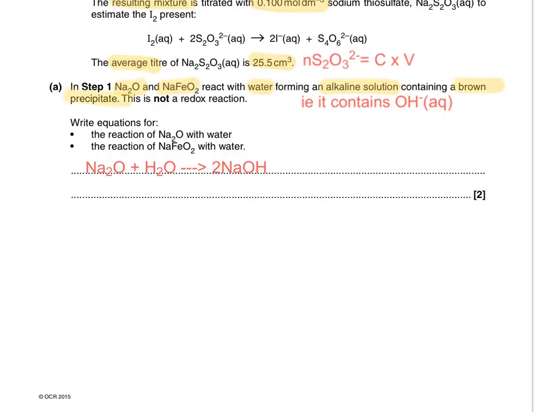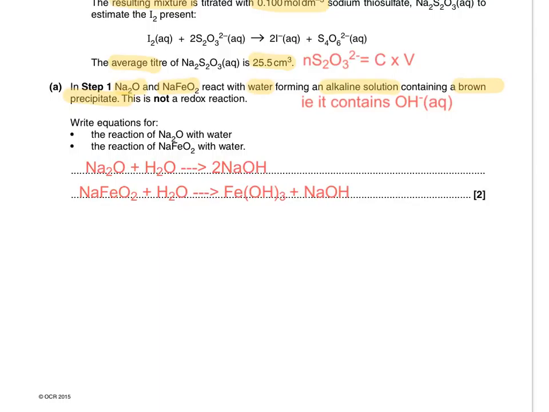Brown precipitate. Okay, so we've got an iron complex being made. Brown precipitates tend to be iron hydroxides, don't they, if you've remembered your transition metals and their colours. So that gives you that part of the equation. What about the sodium? There we go. Job done.